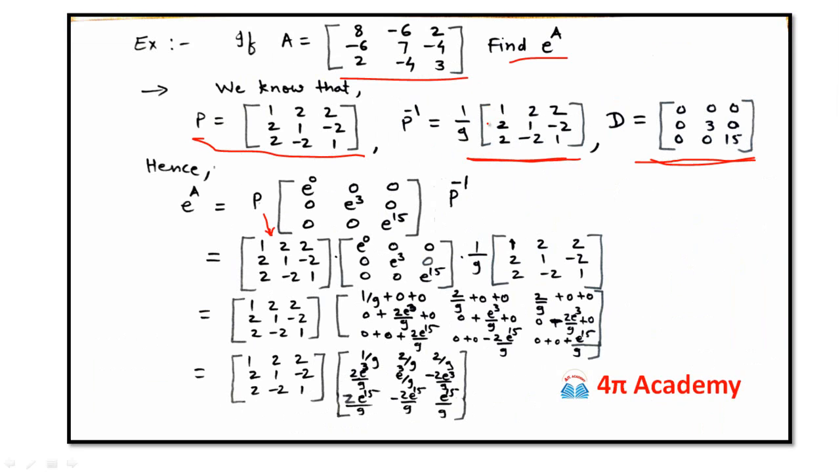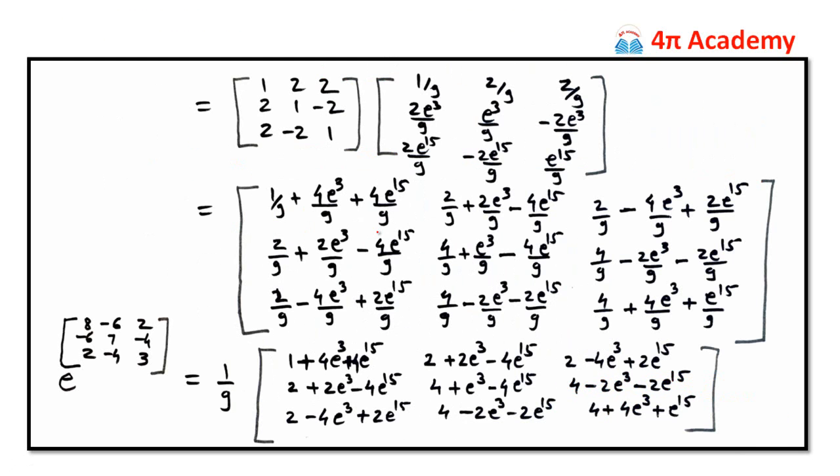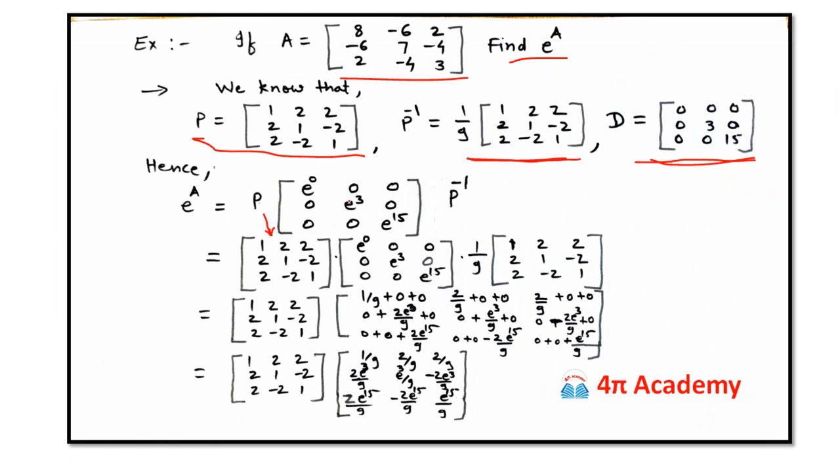Hence we have taken the example of a 3x3 matrix to find the exponential of this matrix A. But in exam usually there is no question on a 3x3 matrix to find the exponential, but it is usually asked for the 2x2 matrix, that is exponential of a 2x2 matrix, which becomes quite easy as compared to this one. But we have discussed the complete process, so you can easily apply this method in order to solve the exponential of a 2x2 matrix as well.